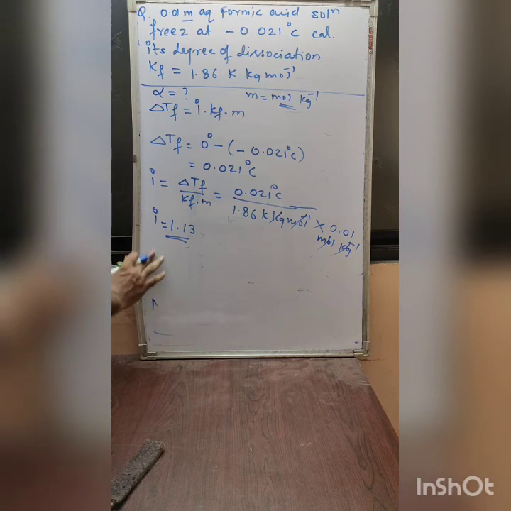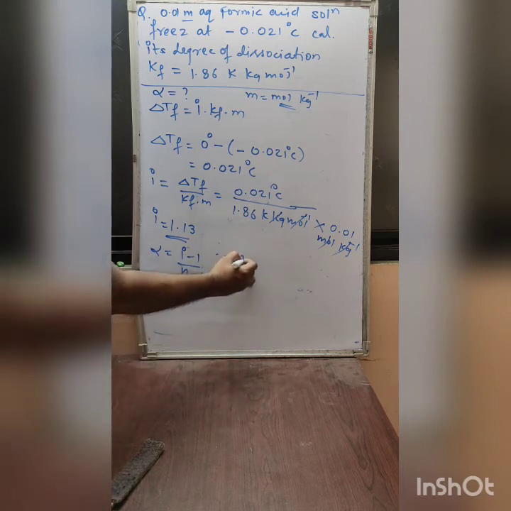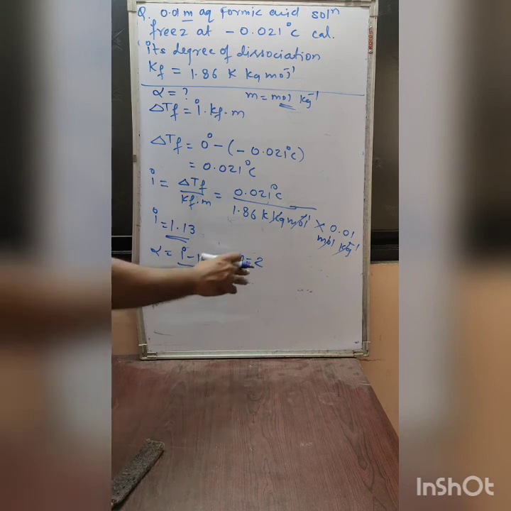Now we find alpha. Alpha is equal to I minus 1 upon n minus 1. Here the n value will be 2.